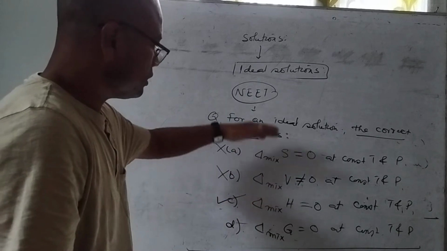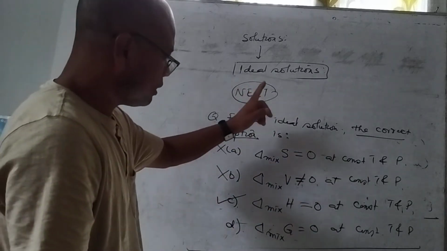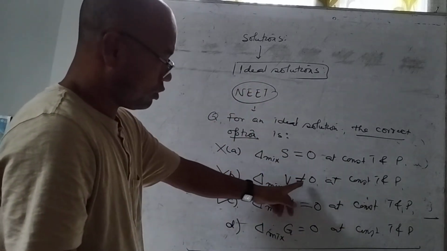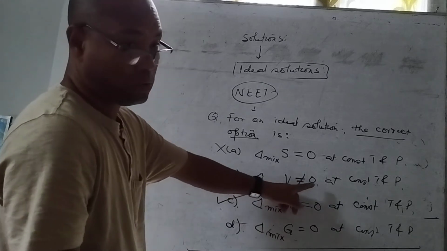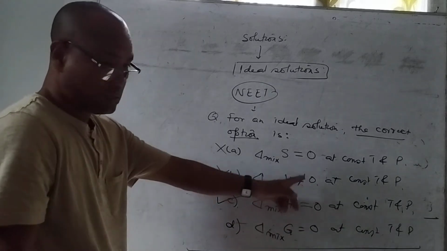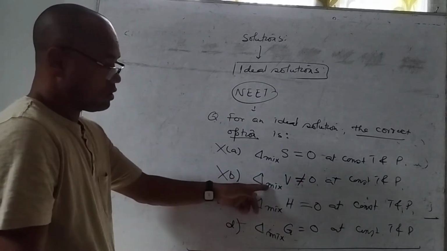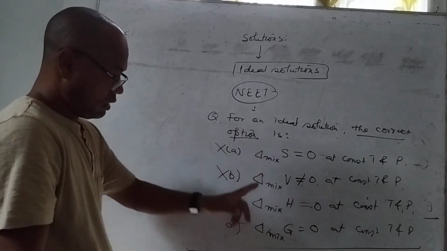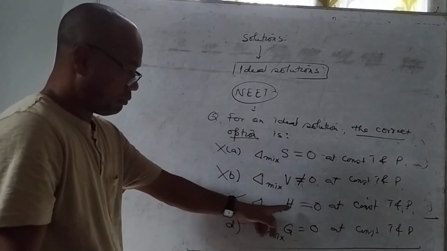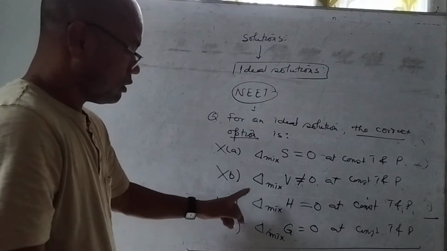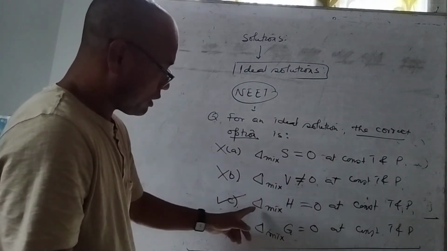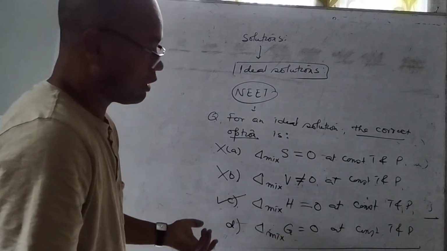Volume is related to the ideal solution, and for an ideal solution it should be equal to 0, but here it is not equal to 0, so this is not for an ideal solution. Another thermodynamic property is the enthalpy. For an ideal solution that should be equal to 0. This is the correct option.